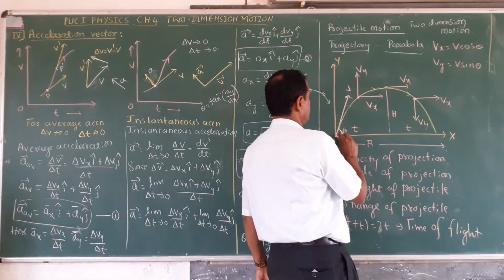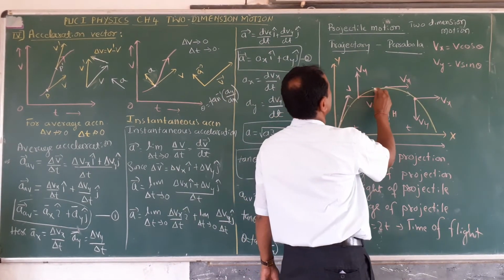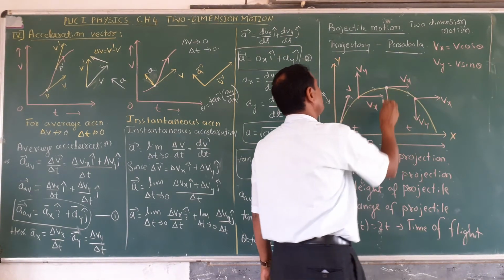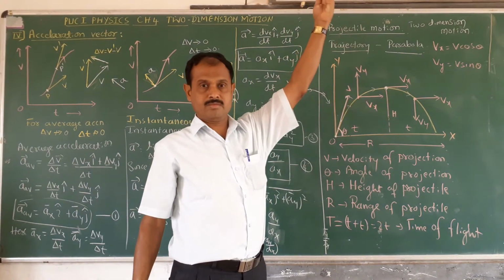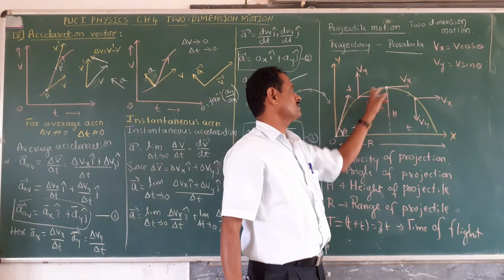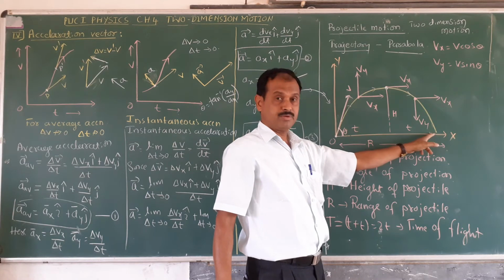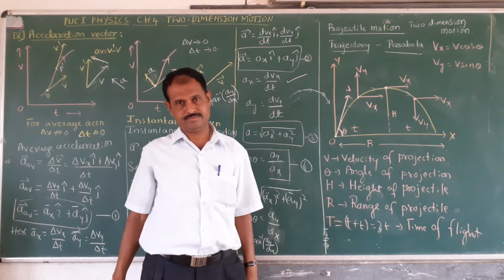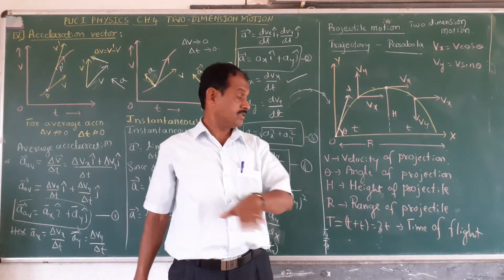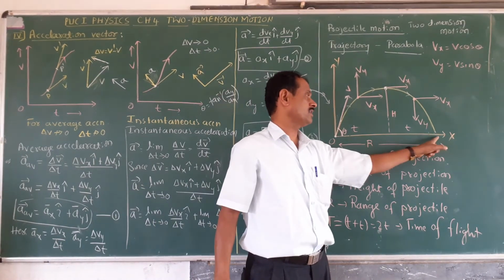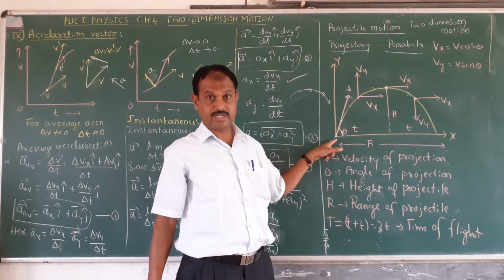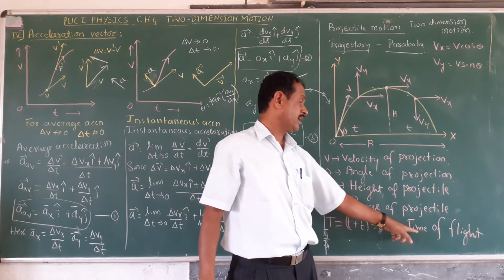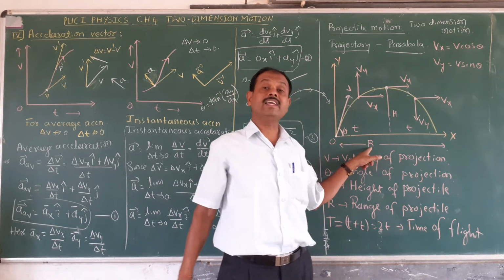Now this body is moving in projectile motion along a parabolic path. The maximum vertical distance covered by the projectile is called the height of the projectile. The maximum horizontal distance covered by the projectile from the place of projection, in the time equal to the time of flight, is called the range of the projectile.